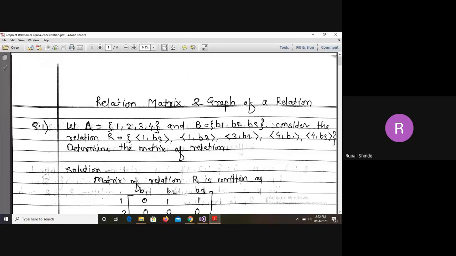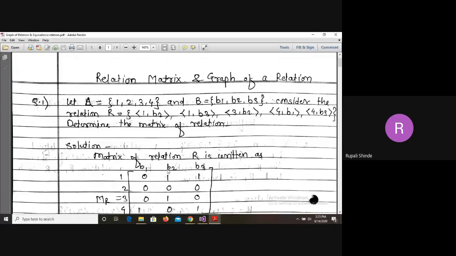So (1, B2): if you consider this ordered pair, 1 is the row, B2 is the column. So for this particular row and column, we have to mark 1 because this ordered pair is present in this given relation. So for (1, B2), we mark this as 1.